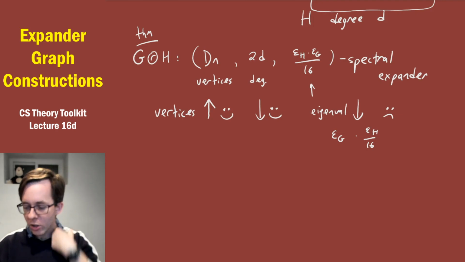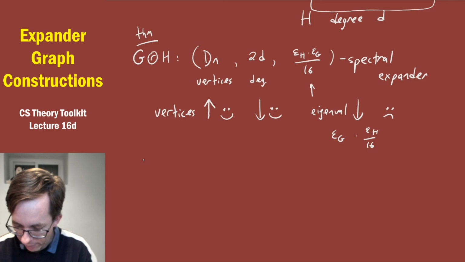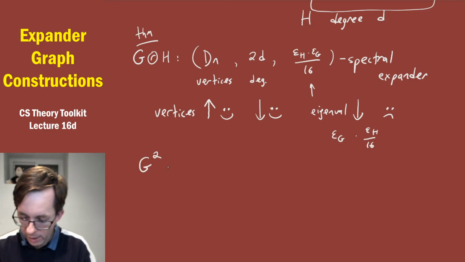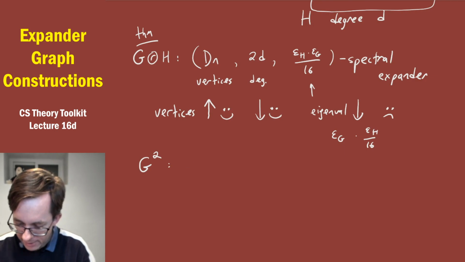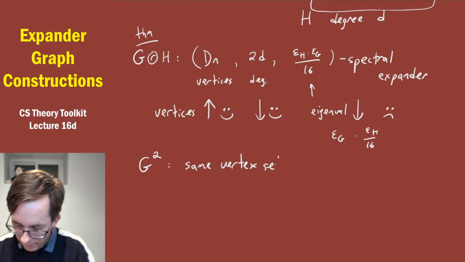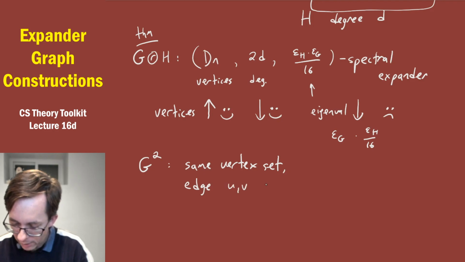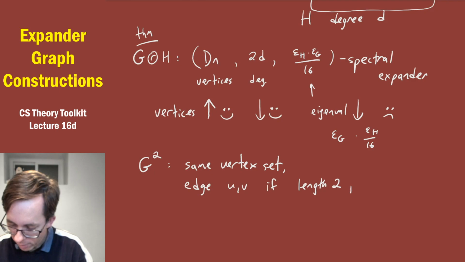One thing you can do, if you have a graph G, is square it. The squaring of a graph has the same vertex set, and you put an edge between U and V if there's a length 2 path from U to V in G. Actually, this is not totally accurate.